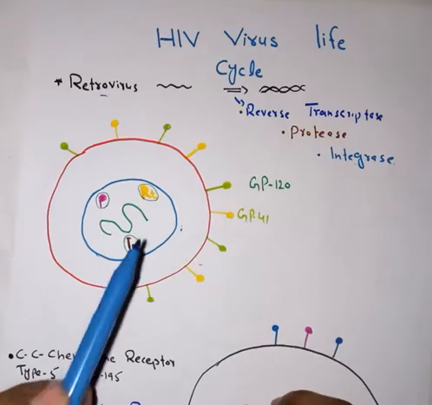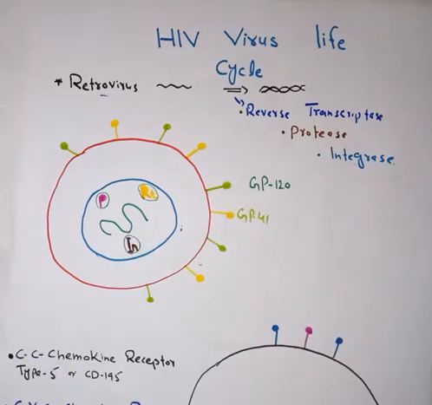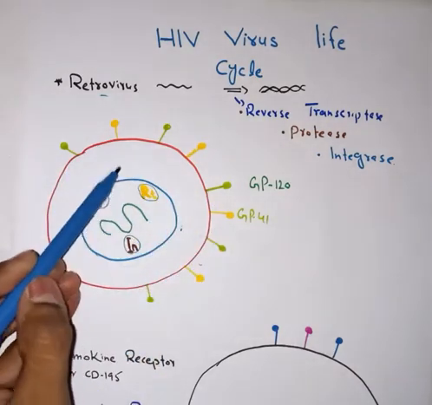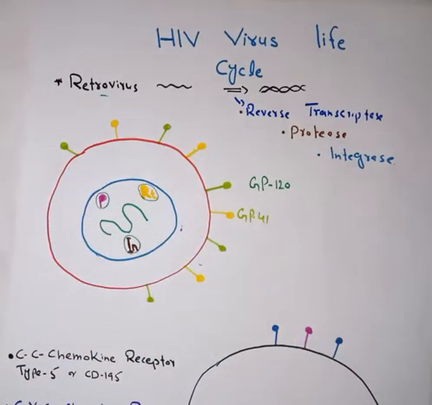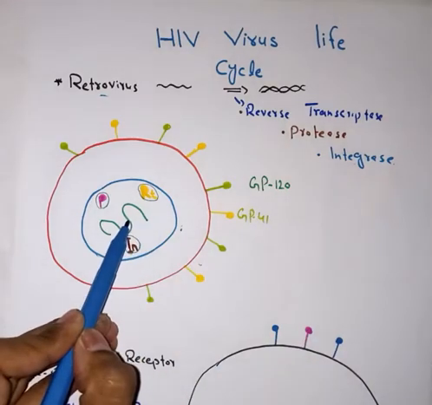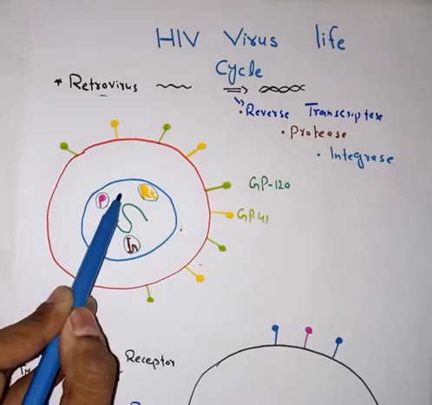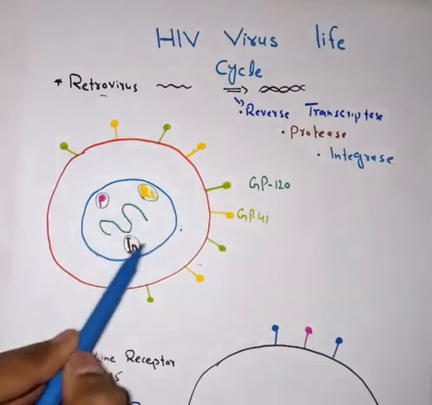Now, this HIV virus is basically an enveloped virus. What do I mean by enveloped virus? There are some viruses who have extra coating other than this capsid. Most of the viruses have their genome and this coating that is called as capsid. This blue color coating is called as capsid.